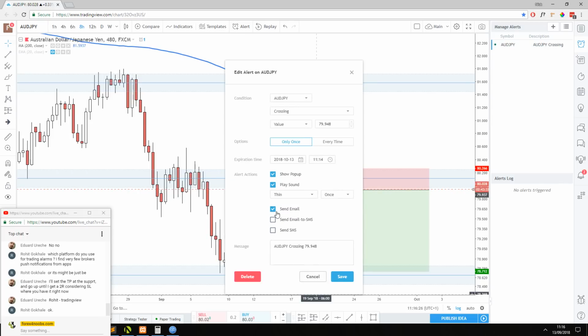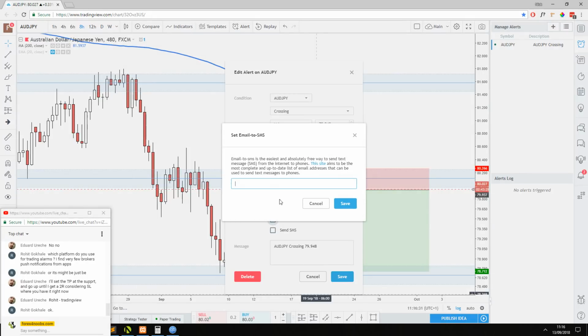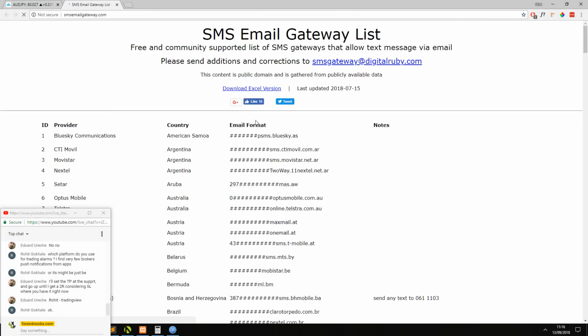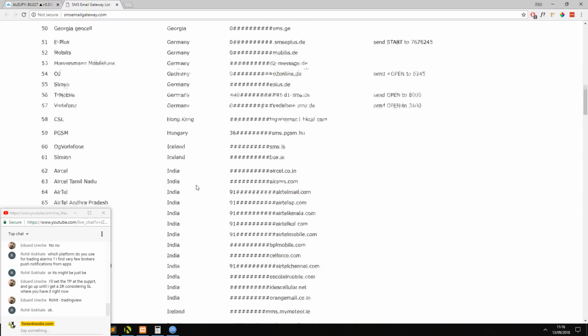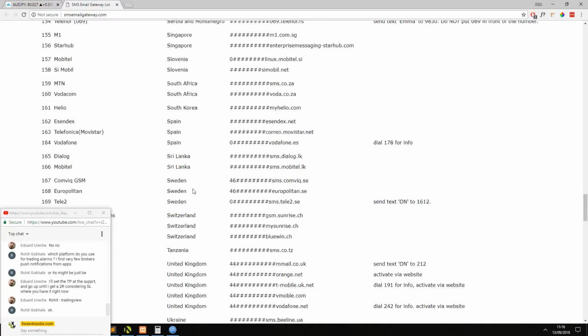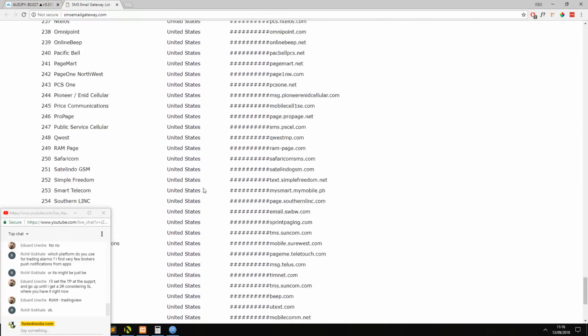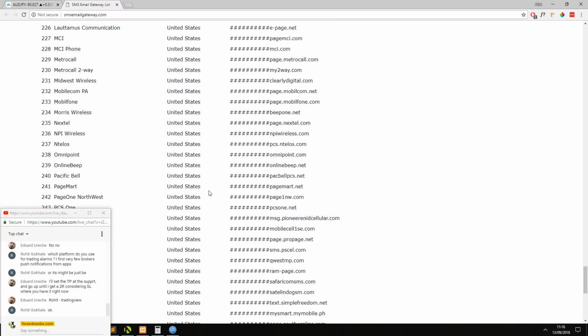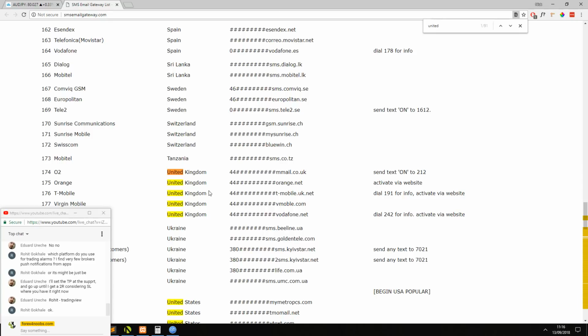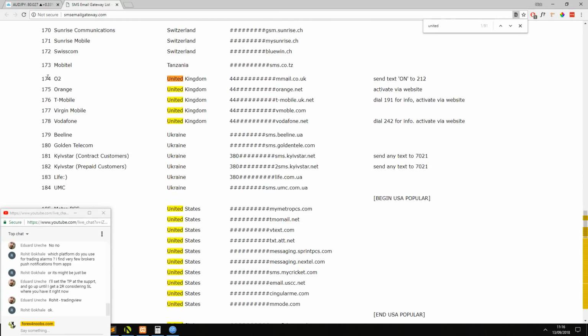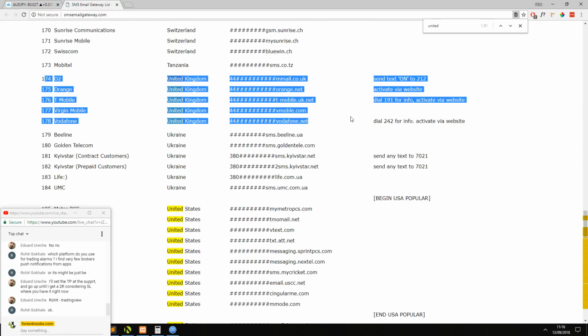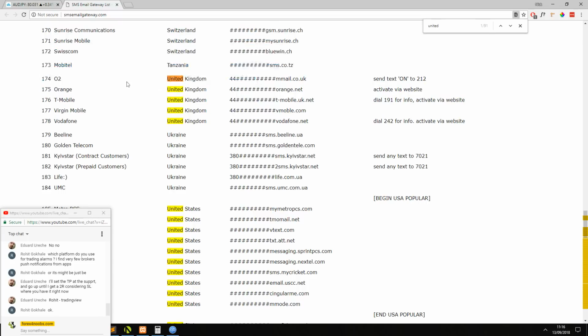You can send an email to SMS, but when you click this, it's going to give you a list. Not all countries are included. See, I don't think it has United Kingdom... Oh yeah, it does. So a lot of the UK companies actually do this.